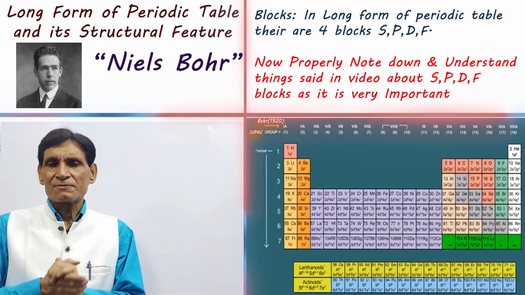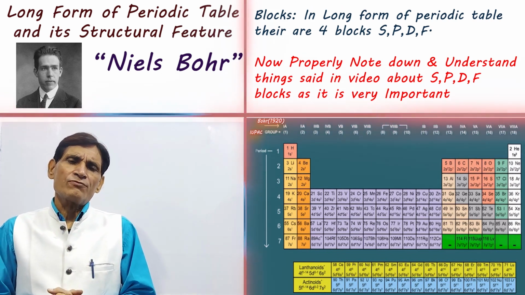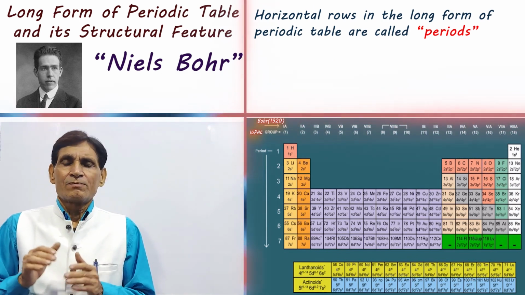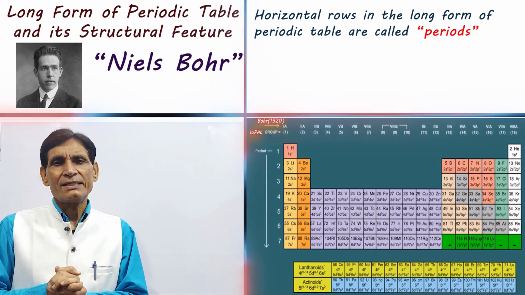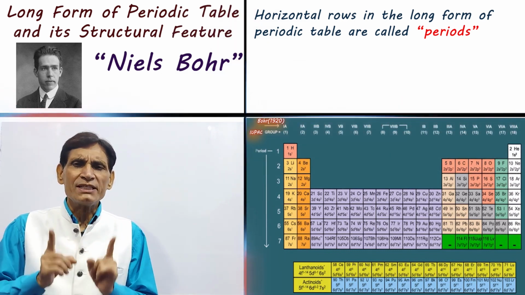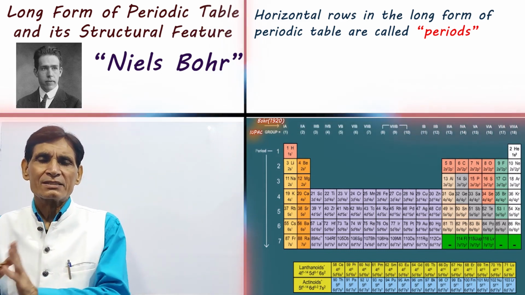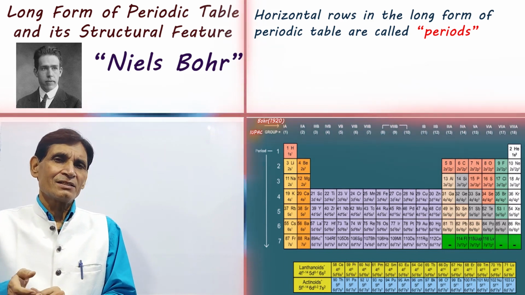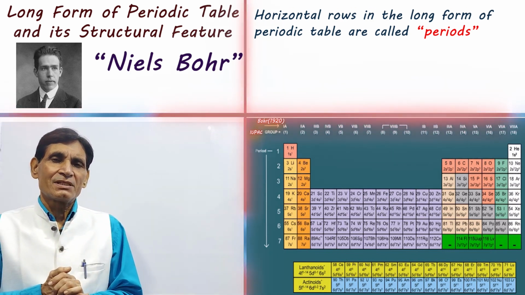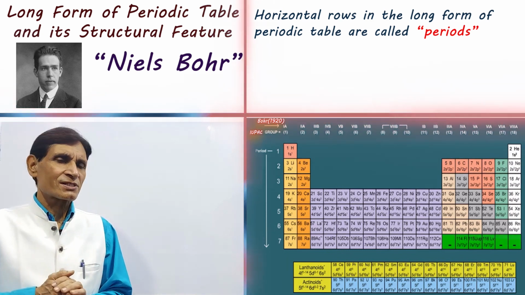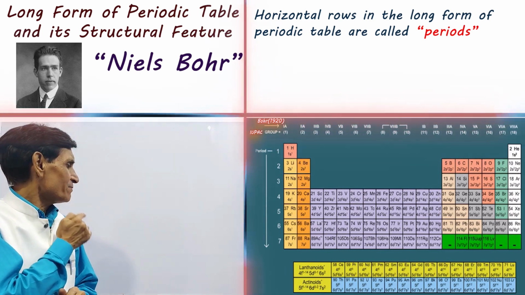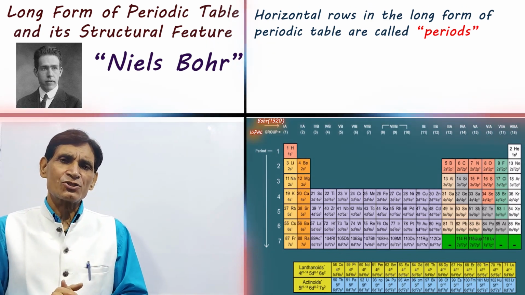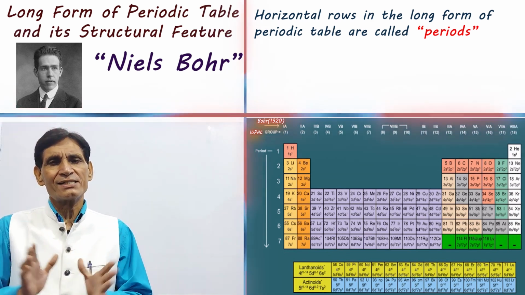Next point, periods. Horizontal rows in the long form of the periodic table are called periods. The position of an element in the periodic table is closely related to the electronic configuration of its atom. There are 7 periods numbered 1, 2, 3, 4, 5, 6, 7. The number of the period corresponds to the principal quantum number of the valence cell.